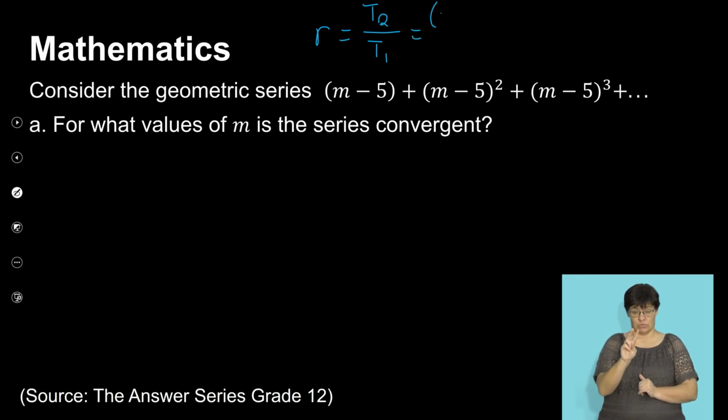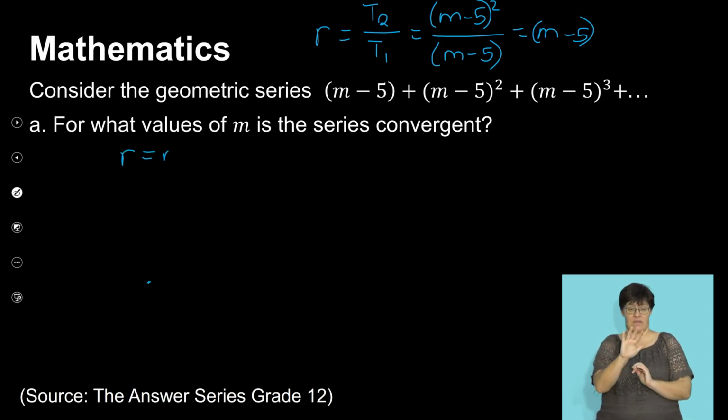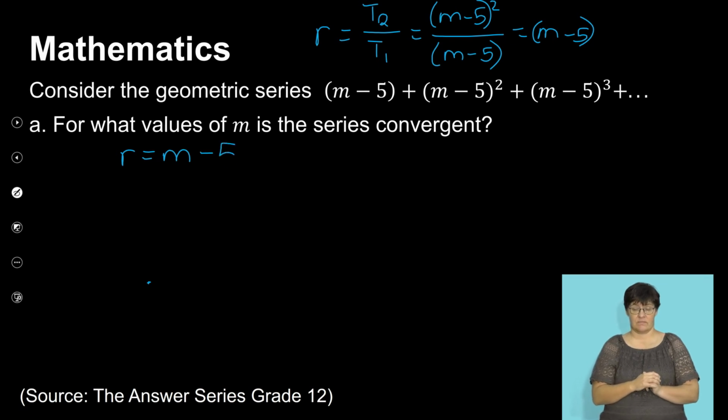Term 2 is equal to (m − 5)², and I'm going to put that over m − 5. Hopefully everyone can see that (m − 5)² over (m − 5) is equal to m − 5. So that means for this example, my common ratio is equal to m − 5.